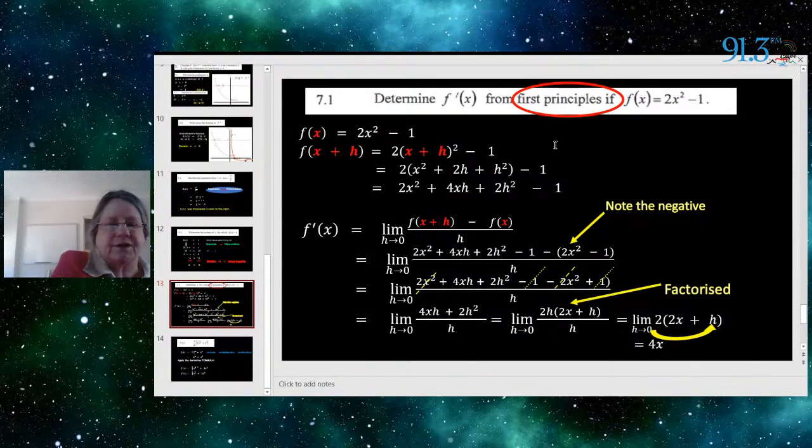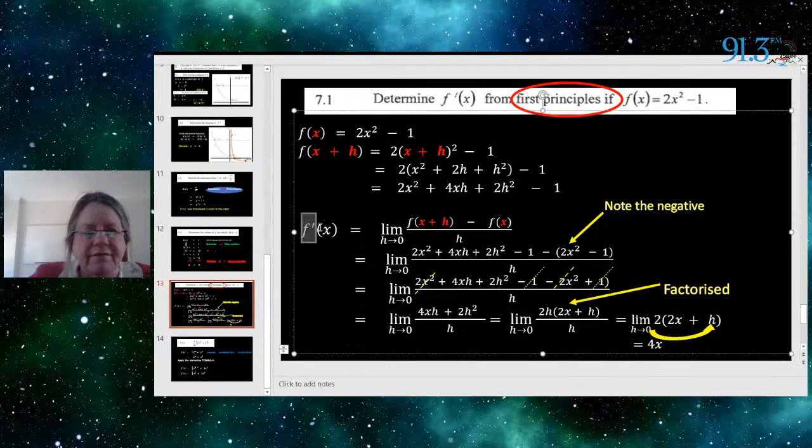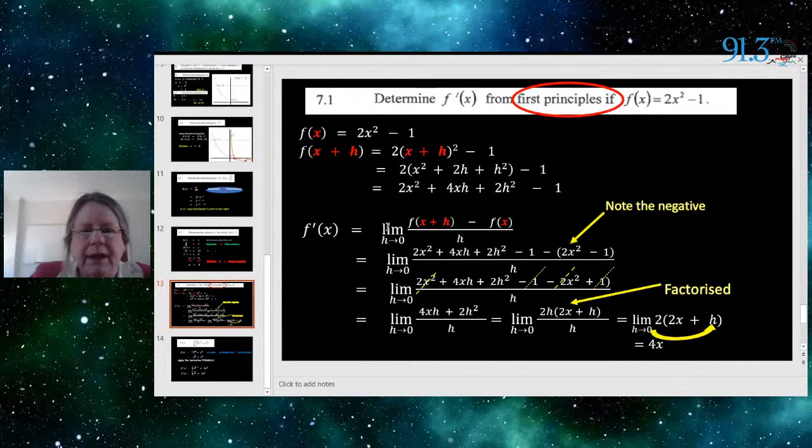The 6th formula down on the left-hand side of the information sheet is this formula. The first derivative is the limit where h strives to be 0 of f(x plus h) minus f(x) over h.